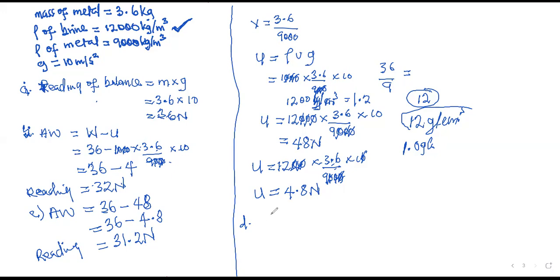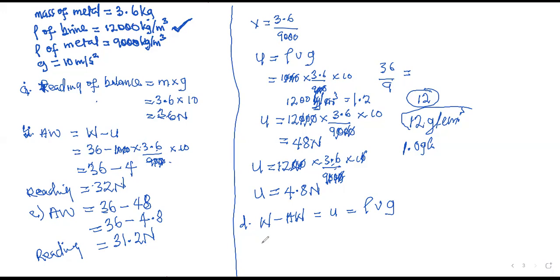Weight in air minus weight in a liquid, or the apparent weight, which is the reading of the balance, must be equal to the upthrust. The upthrust is rho Vg, where rho is the density of the liquid which you are looking for. V is the volume of the liquid displaced, which is equal to the volume of the object or of the metal.